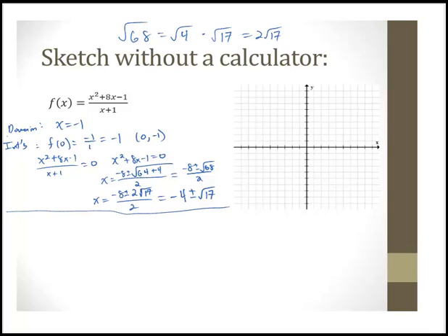All right, so we have domain and we have intercepts. Asymptotes. We have an asymptote at x equals -1. I should have said for the domain that's x such that x cannot equal -1. Sorry about that. For asymptotes, we have a vertical asymptote when x is -1.